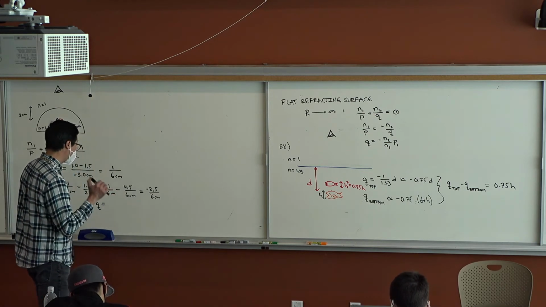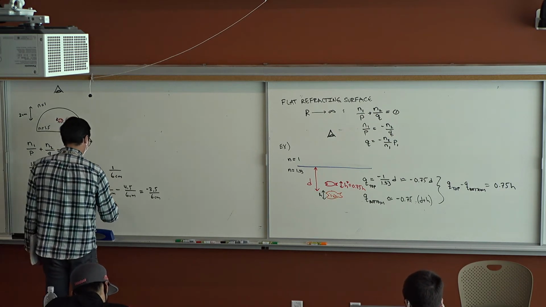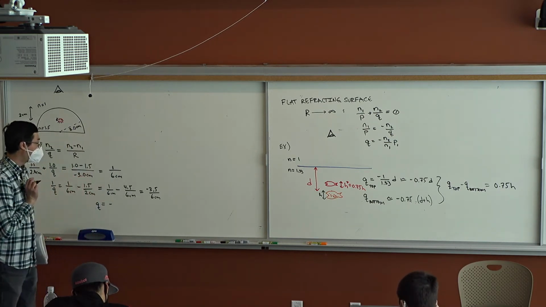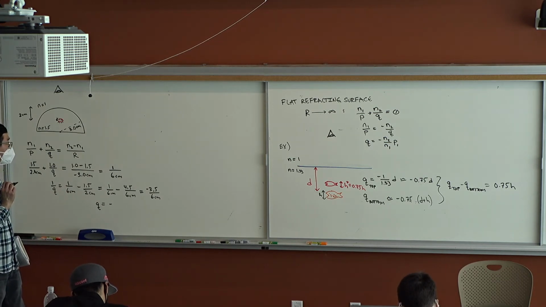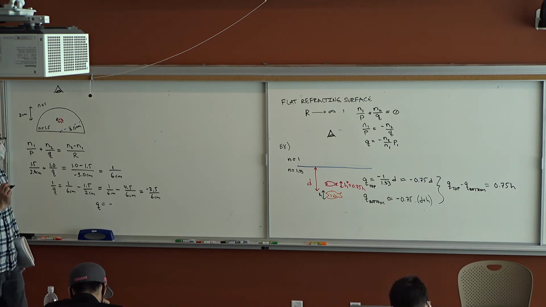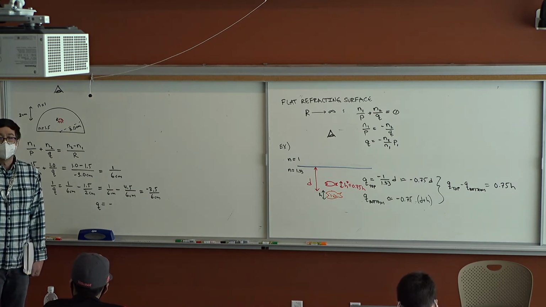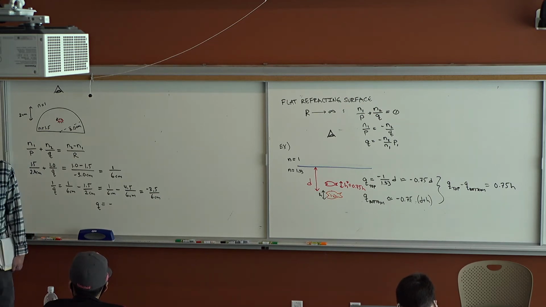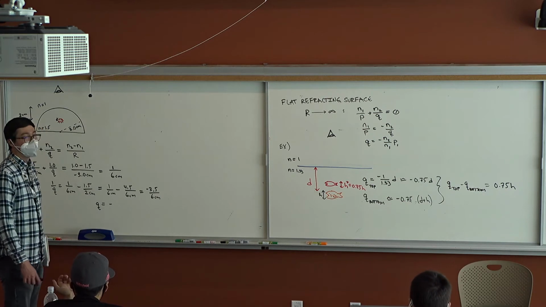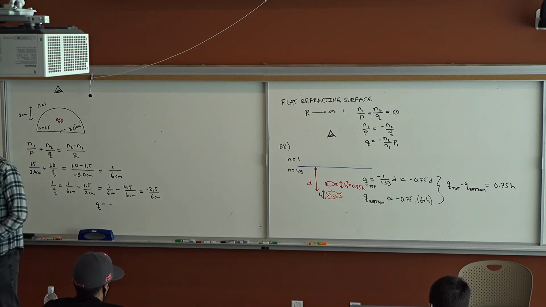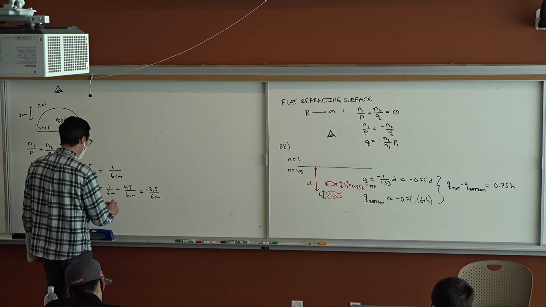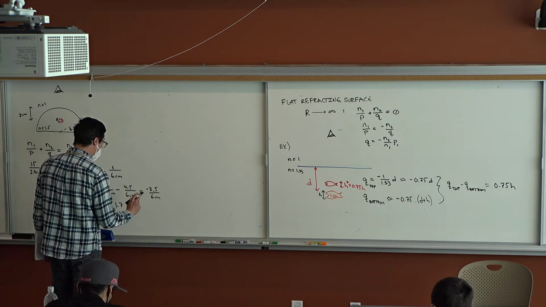Negative 0.583? Sorry, it's got to be greater than 1. 12 over 7 is 1 and 5/7. I get 1.714.